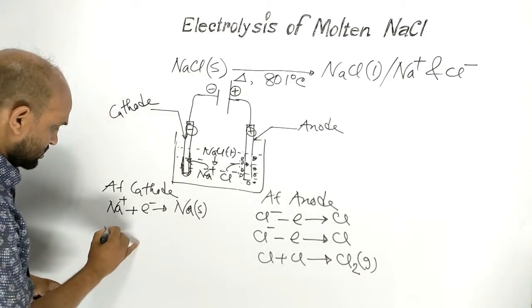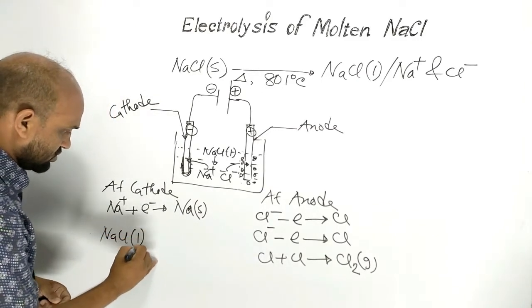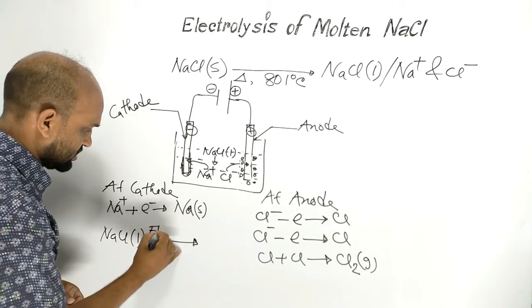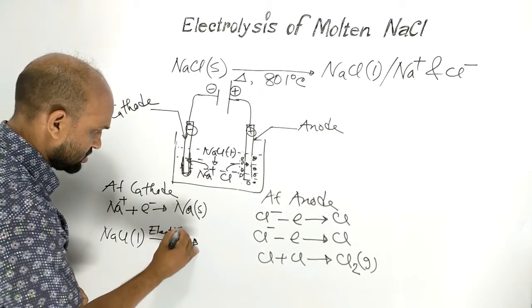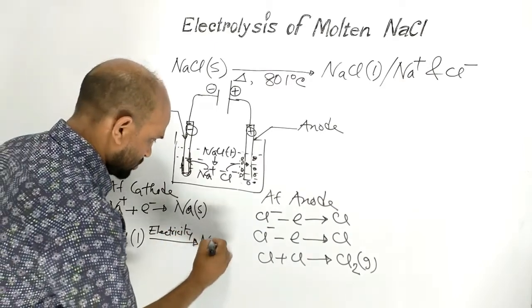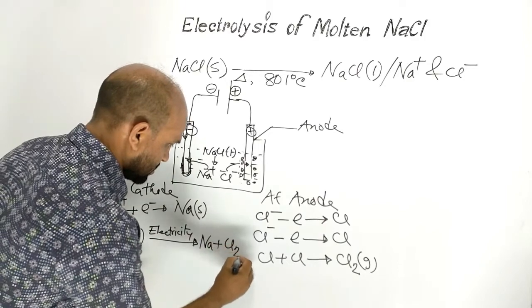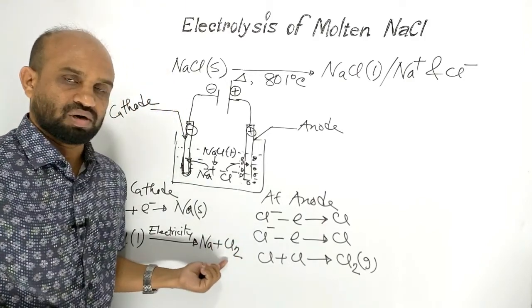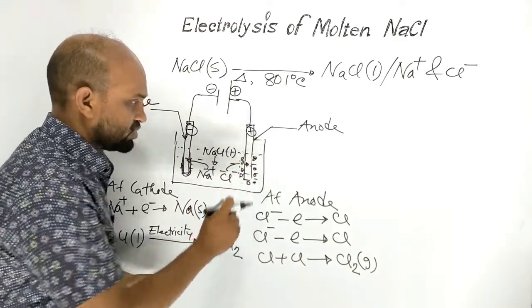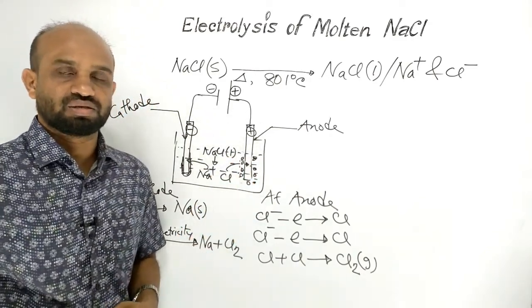Simply, when electricity is passed through molten sodium chloride, then sodium and chlorine are produced. Here, these gas bubbles are chlorine gas.